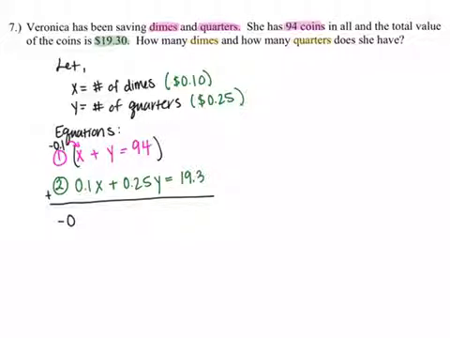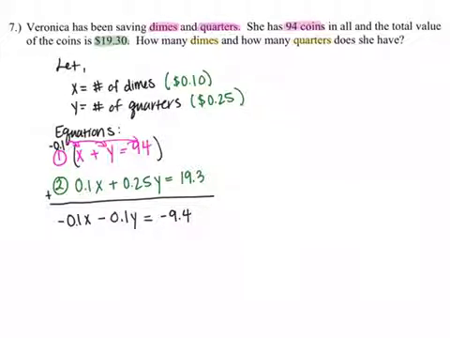So negative 0.1 x, and then if I distribute this to my y, I get negative 0.1 y equals, what is negative 0.1 times 94? So if I do negative 0.1 times 94, I get, let me do that in black, negative 9.4.